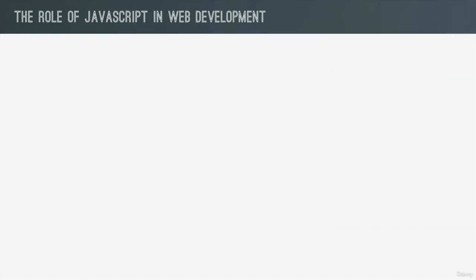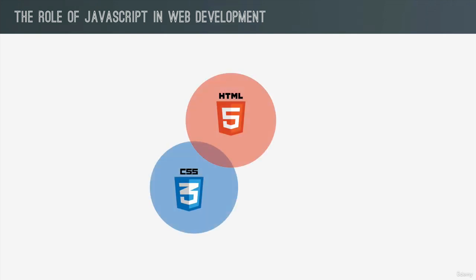Anyway, now that we know what JavaScript actually is, at least kind of, what is the role that it plays in web development? Or in other words, what do we actually use it for? And to answer that question, let's look at the three core technologies of the web: HTML, CSS, and of course, JavaScript. So these three technologies all work together to create beautiful, interactive, and dynamic websites or web applications.